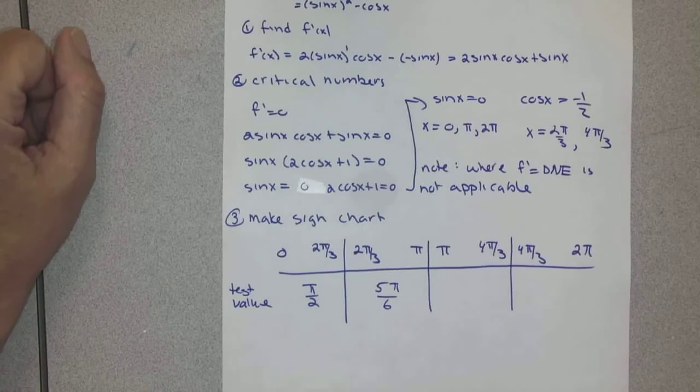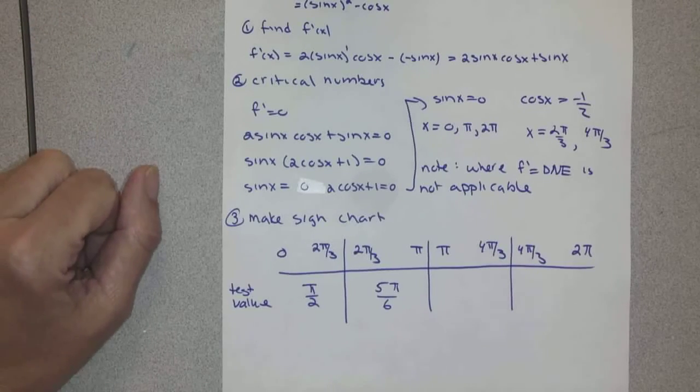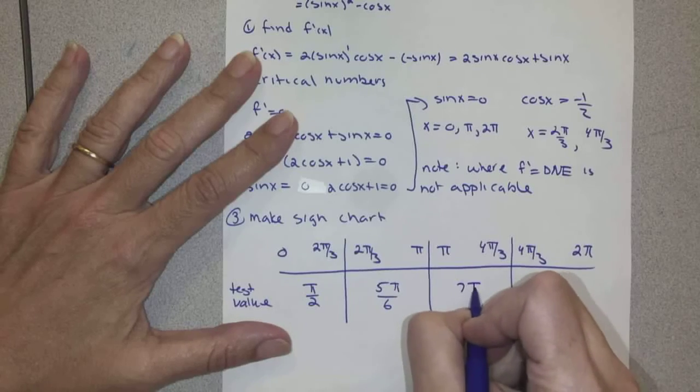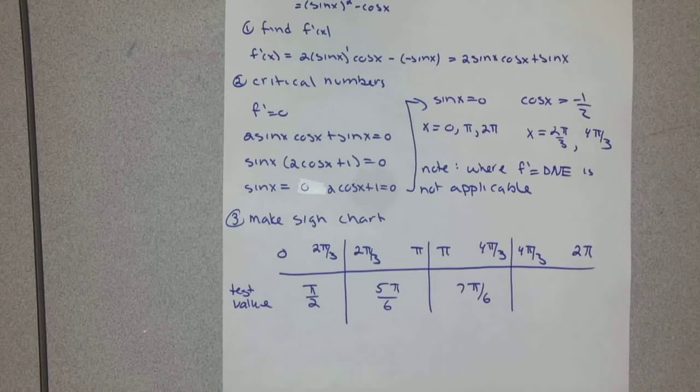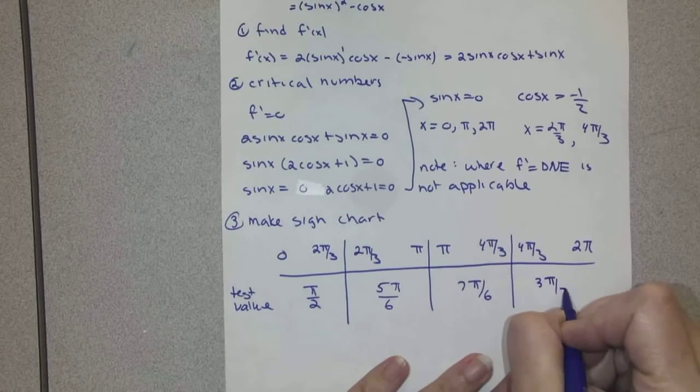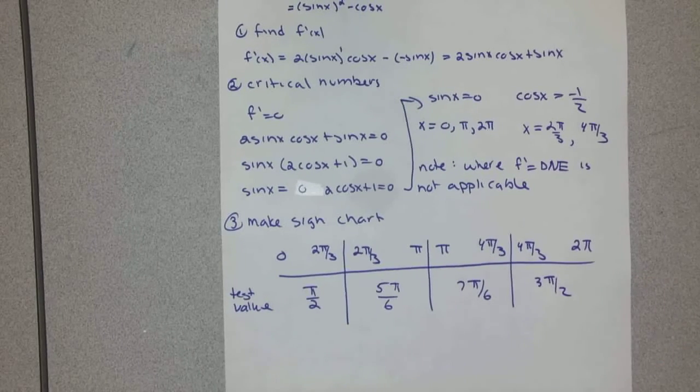Anything from pi to 4 pi over 3, and I'm going to pick 7 pi over 6. And anything from 4 pi over 3 to 2 pi, and I believe I can pick 3 pi over 2 there. And again, if you don't know your unit circle, get a unit circle and know those values.